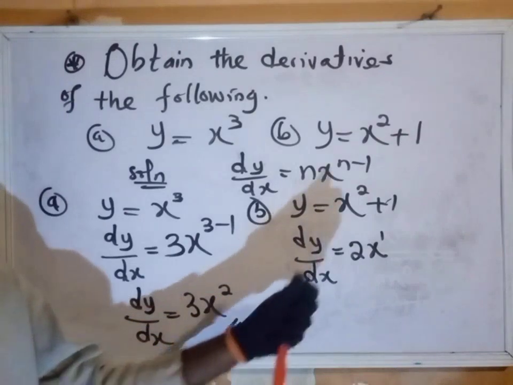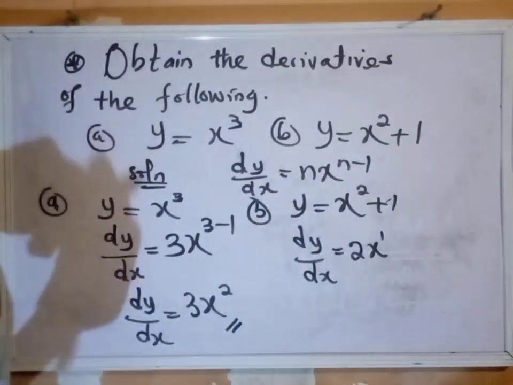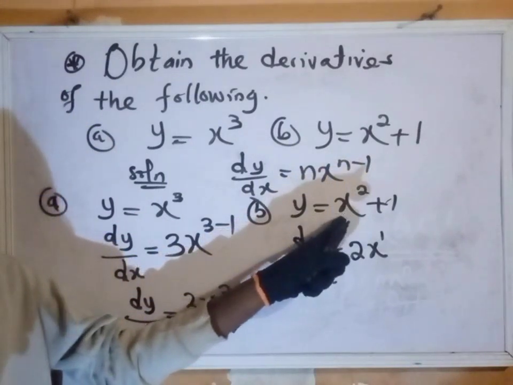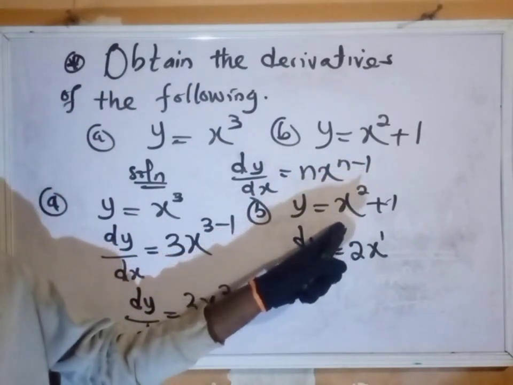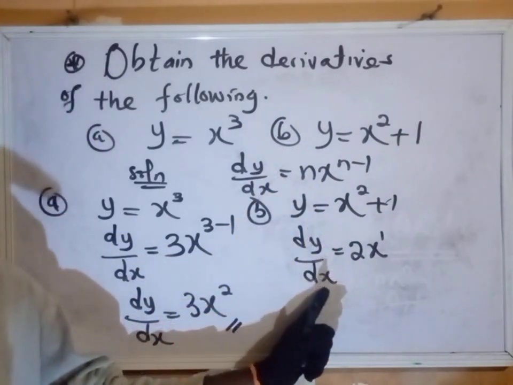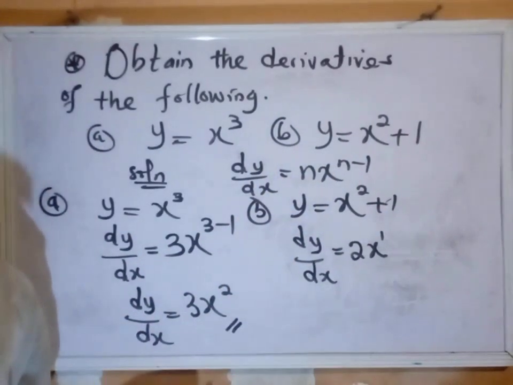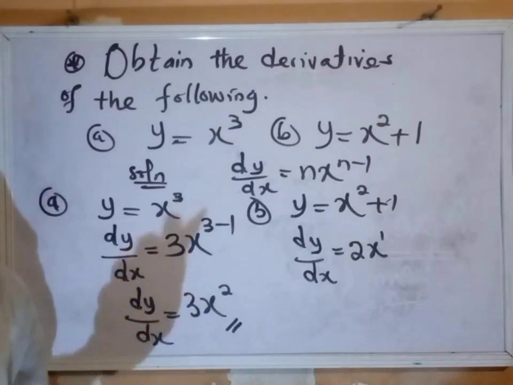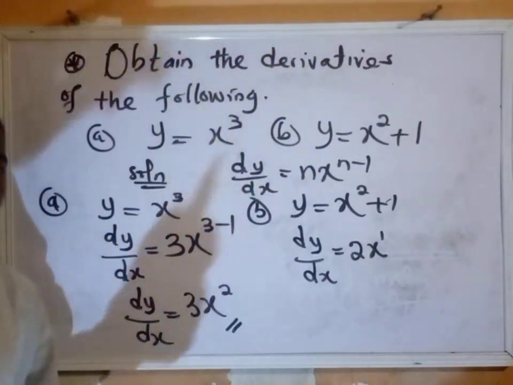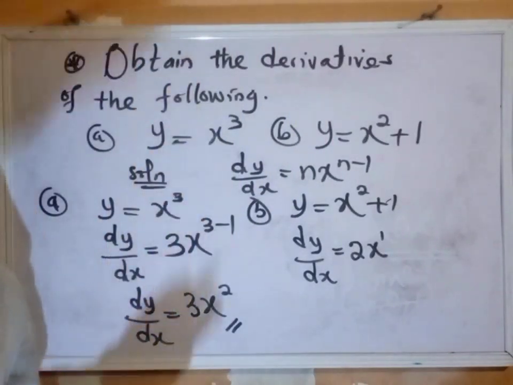If you differentiate 1 here, it is going to equal 0. Because we are differentiating with respect to x, not with respect to 1. So I didn't put dy over d1 here. And even if you write that, it doesn't make any sense. So we must be differentiating a particular function with respect to a particular variable, not a constant value.